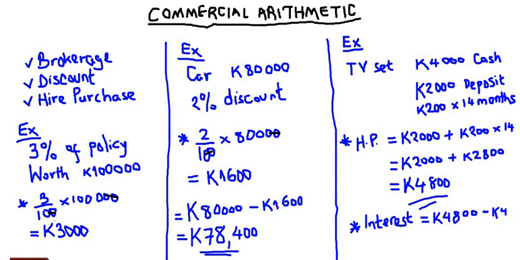Of course, we can always rely on specific details of the transaction and calculate depending on what information is available. So in this case, our analysis will be that the hire purchase price is higher by 800 kwacha compared to the cash price for the same item.